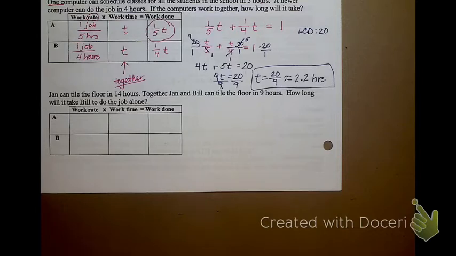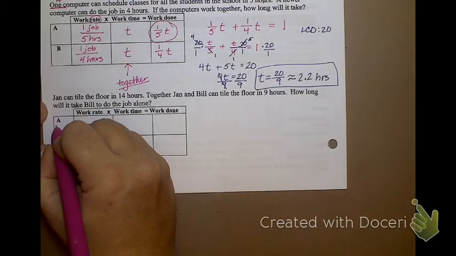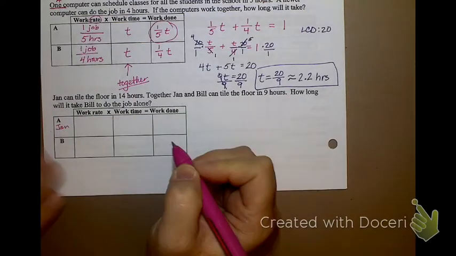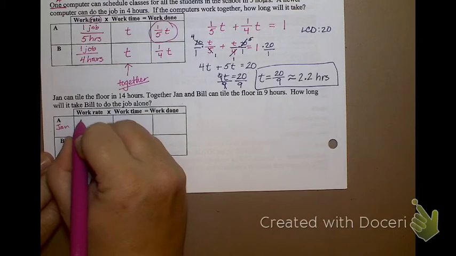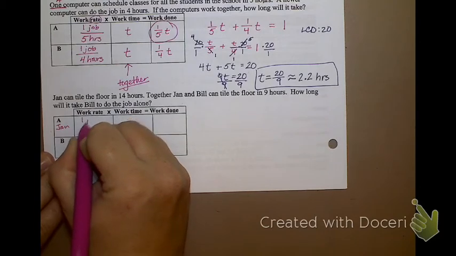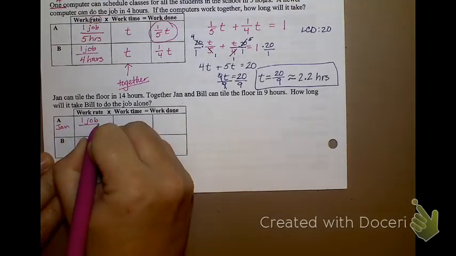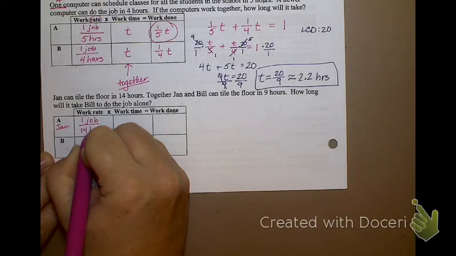Next problem. You ready? All right, this time we're not talking about computers, we're talking about people. Jan can tile the floor in 14 hours. So I'm going to call A Jan. So Jan can complete one job in how many hours? 14 hours.